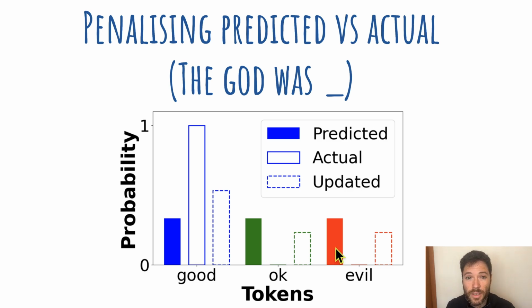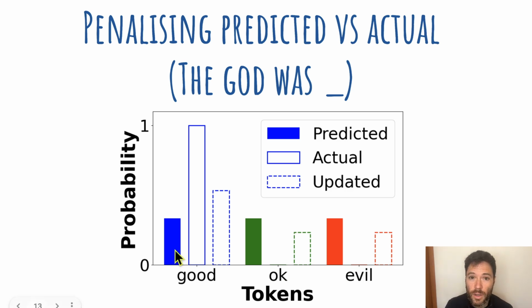Now consider that what I'll say is the correct answer is going to be good. So the God was good is the correct answer according to that body of text. So in truth, the model should have been predicting with probability 100% the token good and should have been predicting okay and evil with a probability of 0.